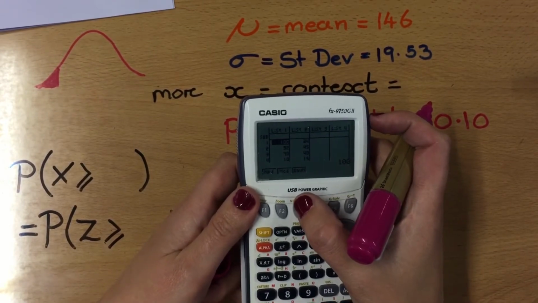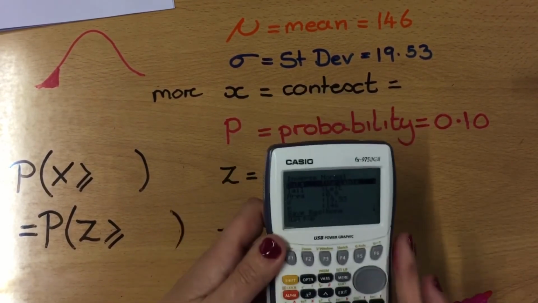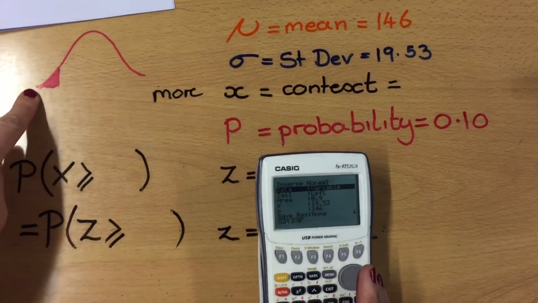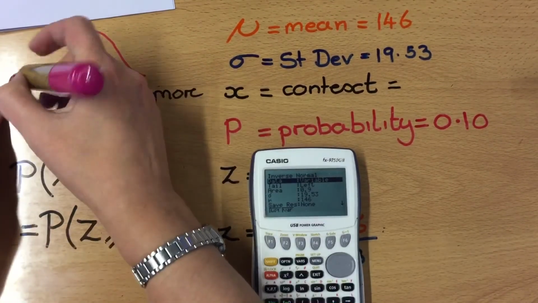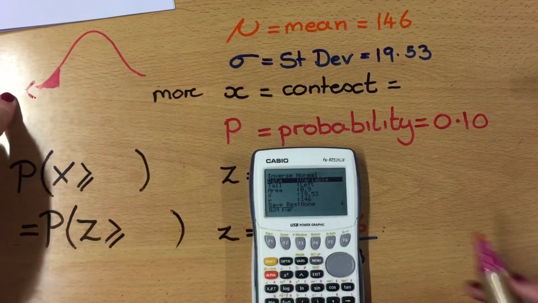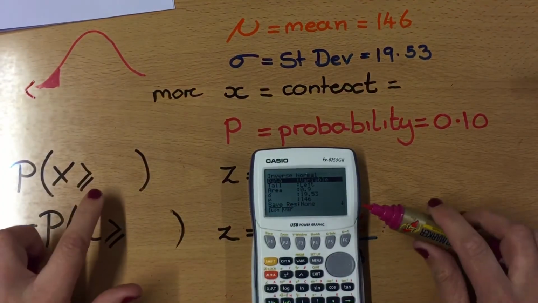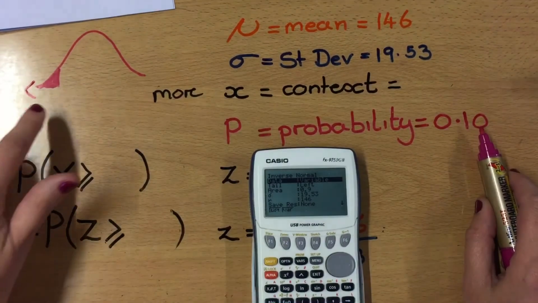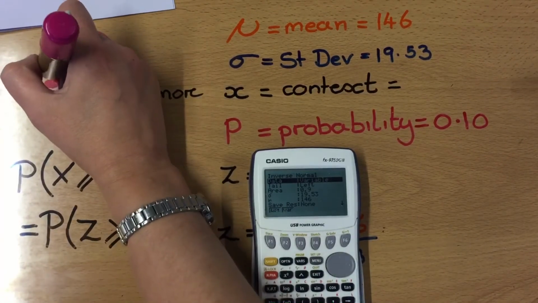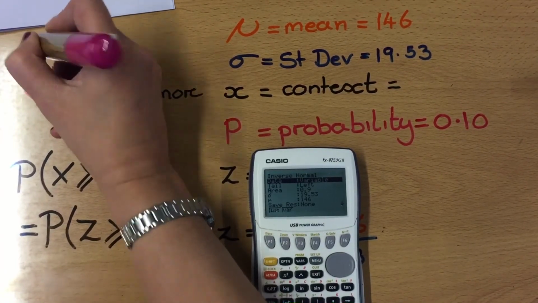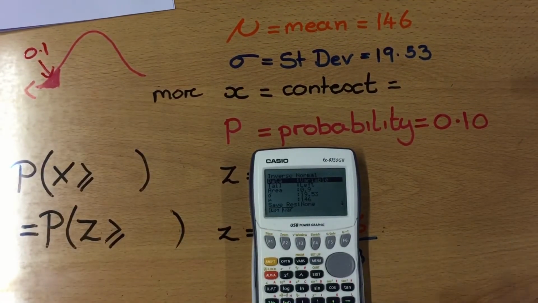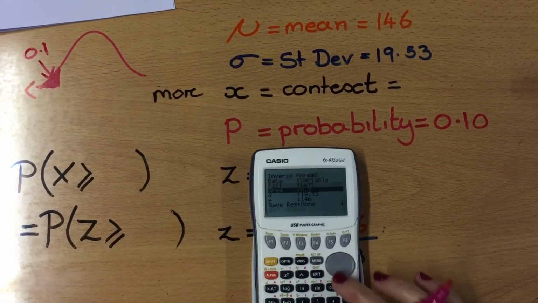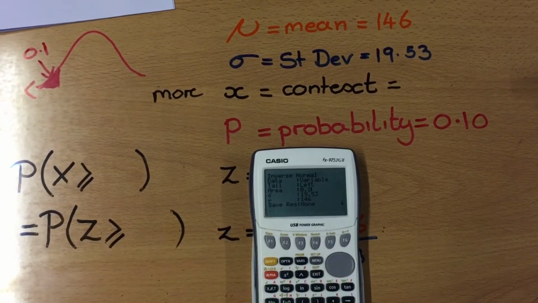we need the inverse. So, looking at this, the tail is to the left. The area, that's our probability, so the amount we coloured in. So that area there, 0.1. So area is 0.1.